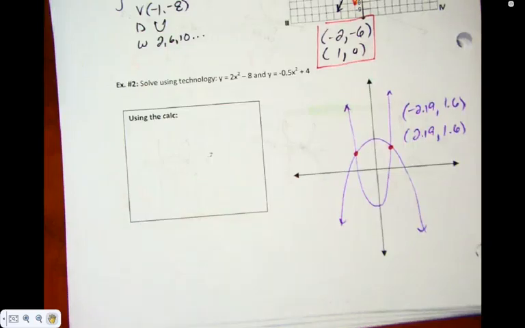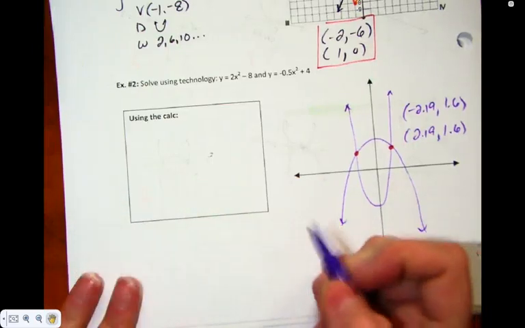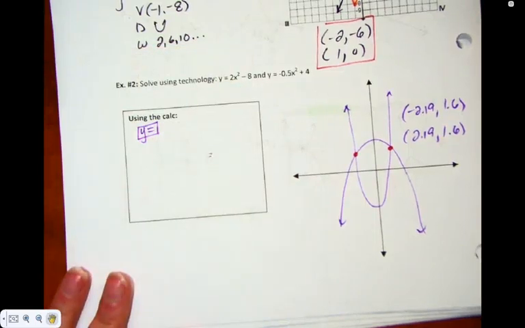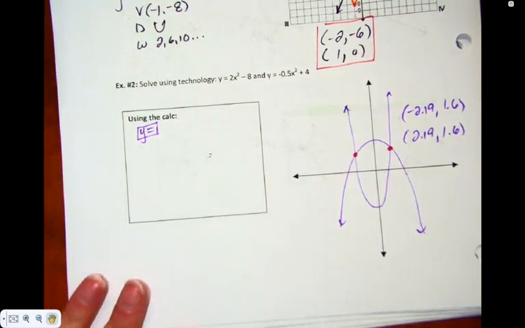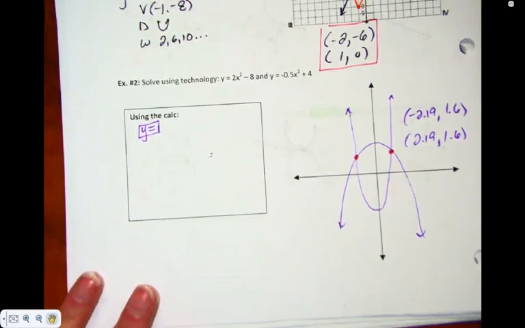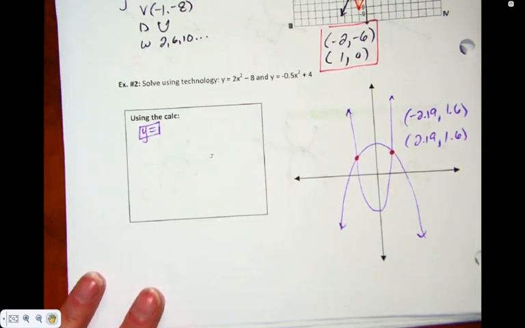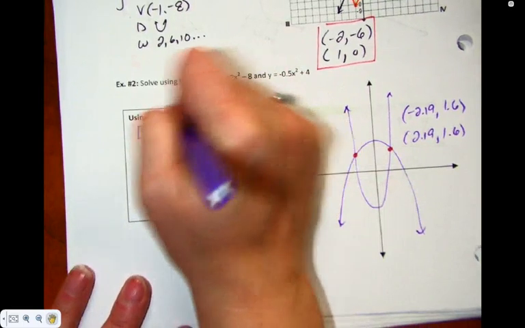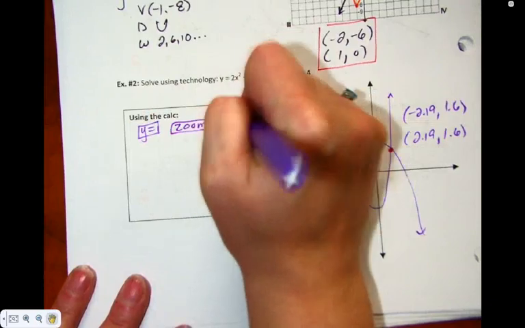Okay, what did we do? But I did something before that, because how did I actually get the graph to appear? Zoom. And I picked number 6.